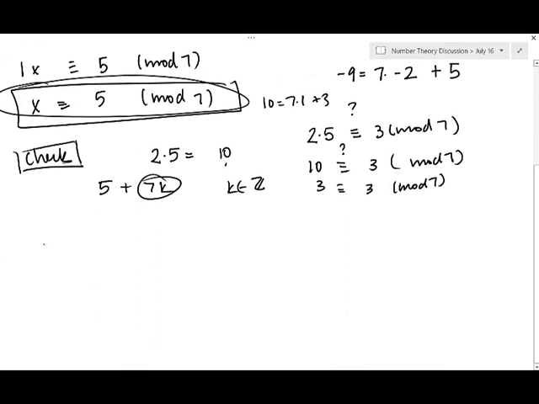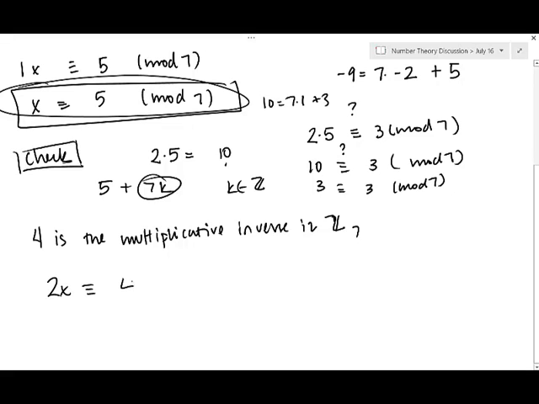So now let's test 4 as the multiplicative inverse that lives in Z7. Okay, so I'm going to solve this using 4. Just like last time, I'm going to multiply both sides by 4 and see what happens. Hopefully I get the same thing, otherwise I'm in trouble.